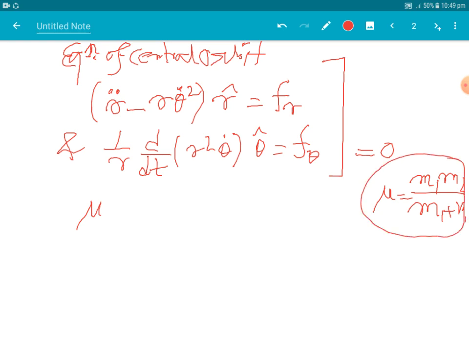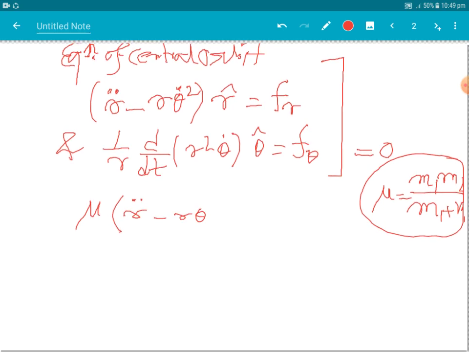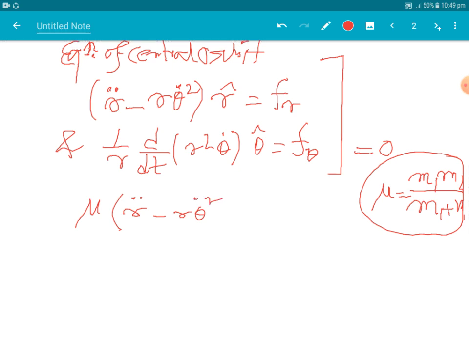We know that when a two-body problem is reduced to a one-body problem, the concept of reduced mass comes. So mu into r double dot minus r theta dot square is equal to capital F as a function of r, where F is the central force acting.